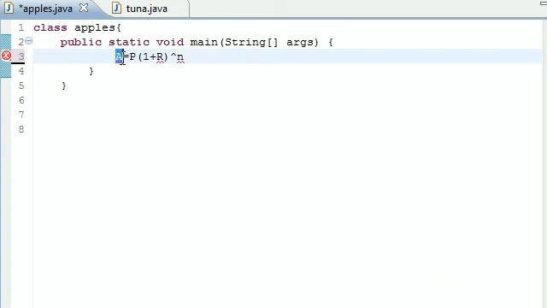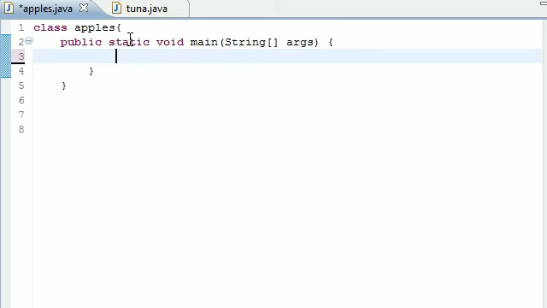So we want to solve for A, and what we need to do is find P, the principal, 10,000 times 1 plus 1% to the power of n, the number of years. If this sounds really complicated, let me show you how to do this using a for loop, and you will be substantially impressed, I promise you.